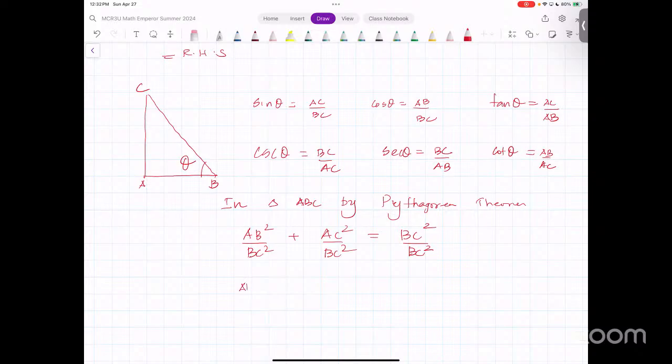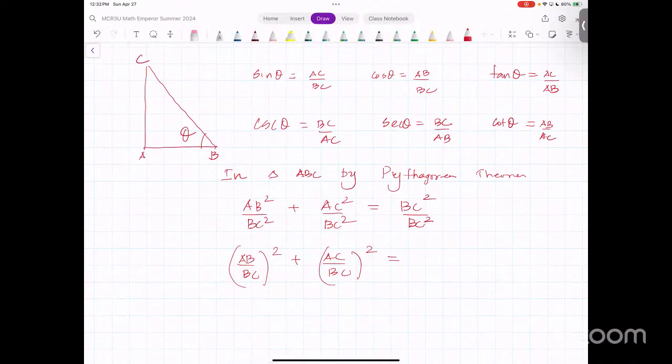We're going to rewrite this as AB over BC, whole thing squared, plus AC over BC, whole thing squared. What is BC squared divided by BC squared going to be? Just BC?